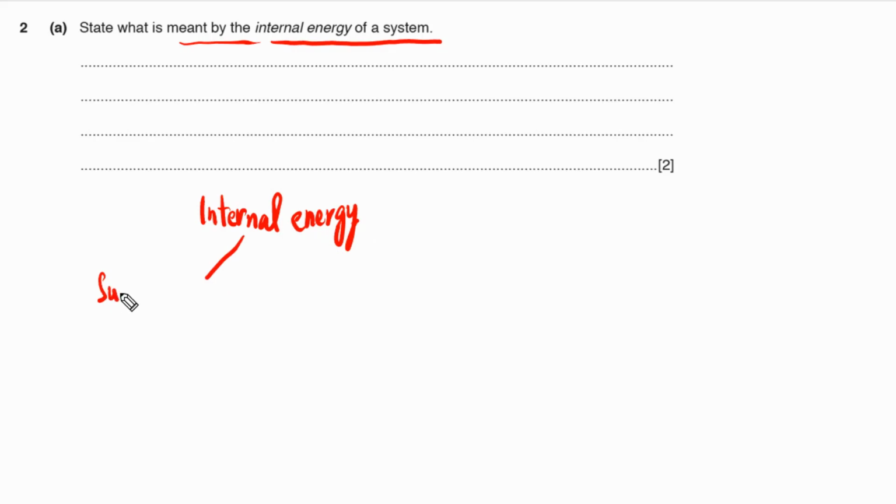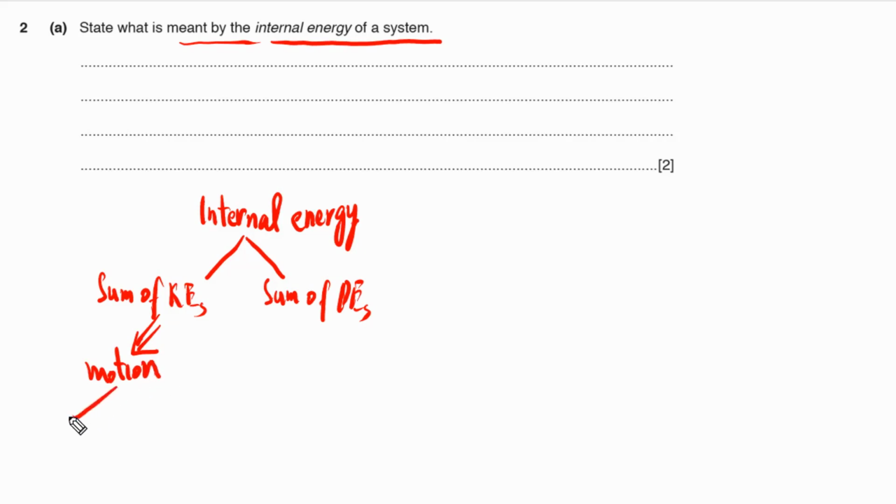It simply is the sum of kinetic energies plus the sum of potential energies of all the molecules. Now, kinetic energy is simply due to motion of molecules, and the motion of molecules we can describe with the help of the speed of molecules.